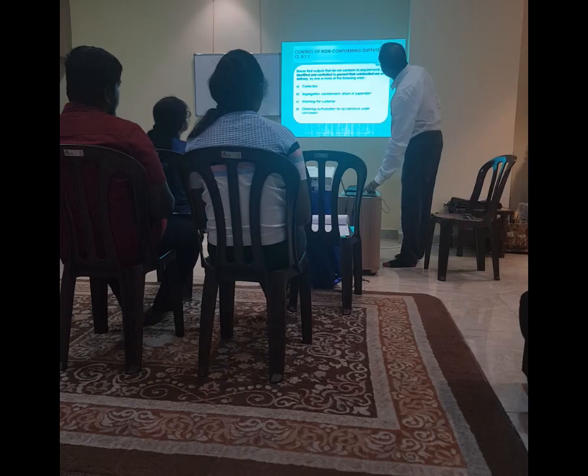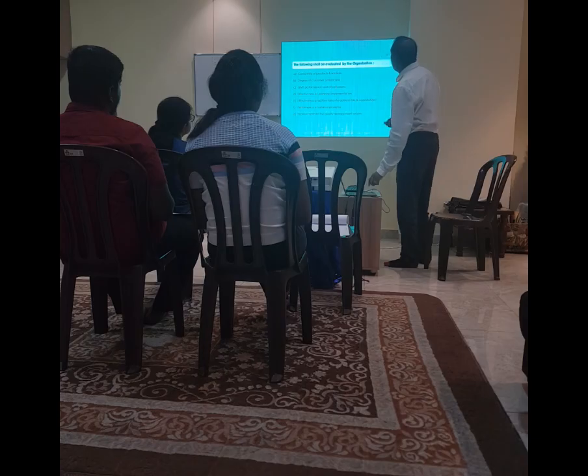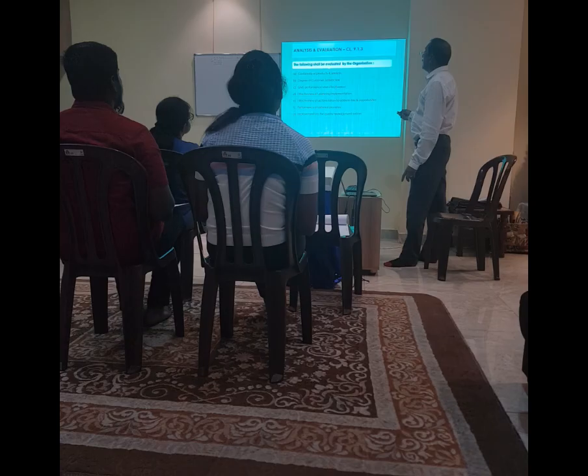Control of non-conforming products, continued. Module 5: performance evaluation and improvement. The following shall be evaluated by the organization. Okay, analyze. I told you analysis and evaluation is part of clause 9.1.3. You analyze and make sure of conformity of the products and services.